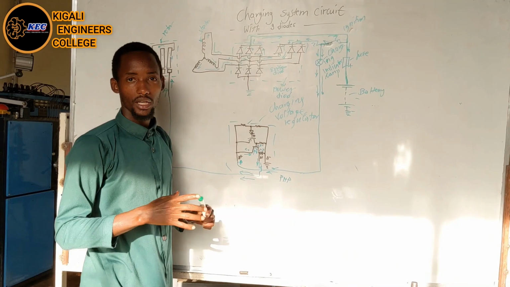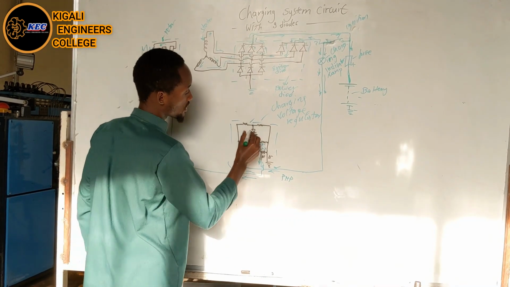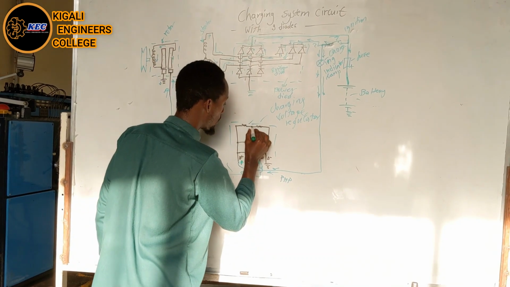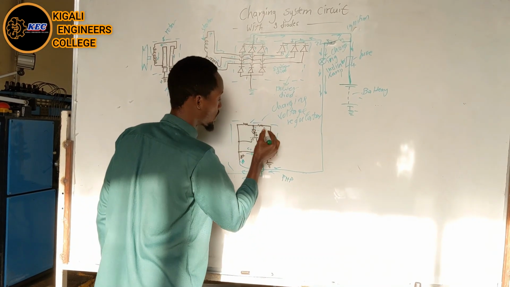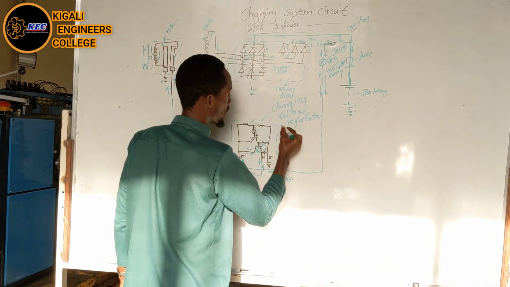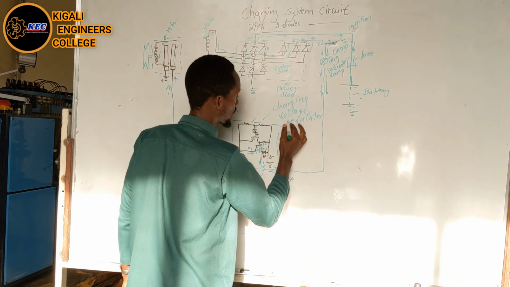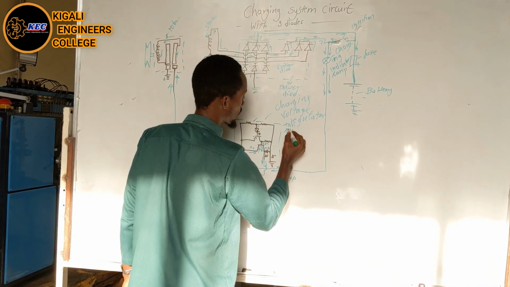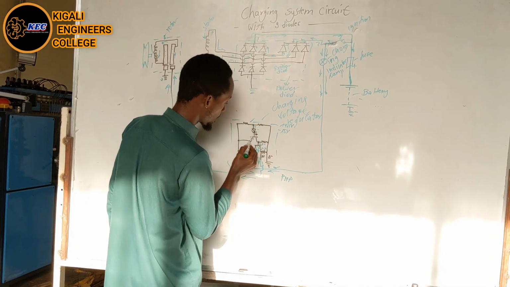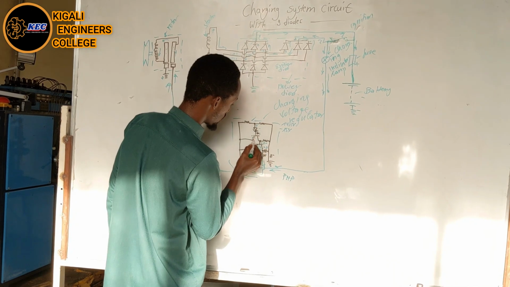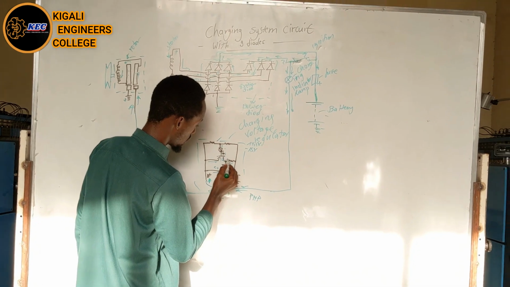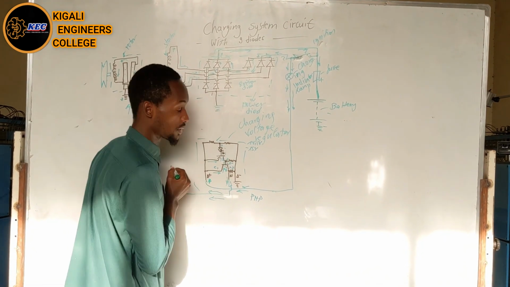So when the battery is full, this Zener diode, according to the manufacturer, will open. Maybe the maximum is 15 volts or 14.5 or above. At that voltage it opens and allows this positive and this transistor allows the current to pass through here, and here it will be the positive.